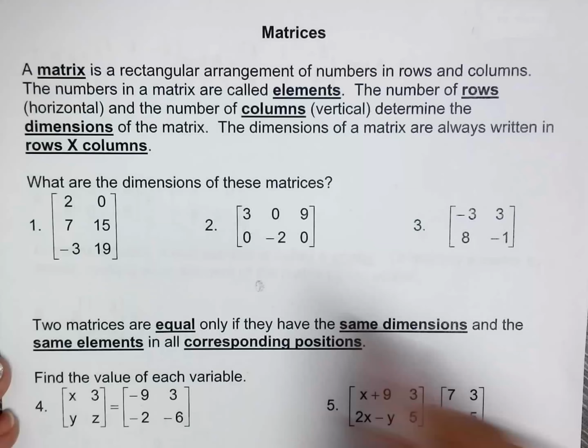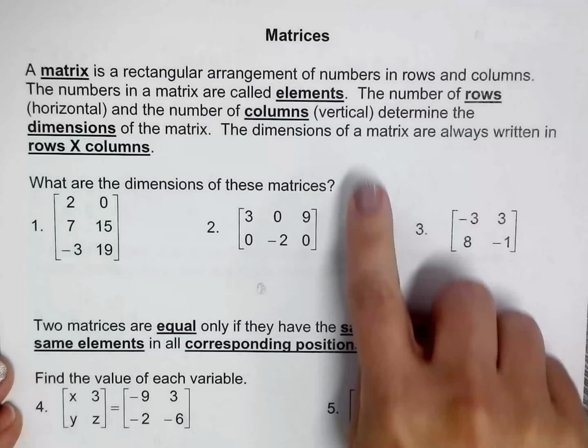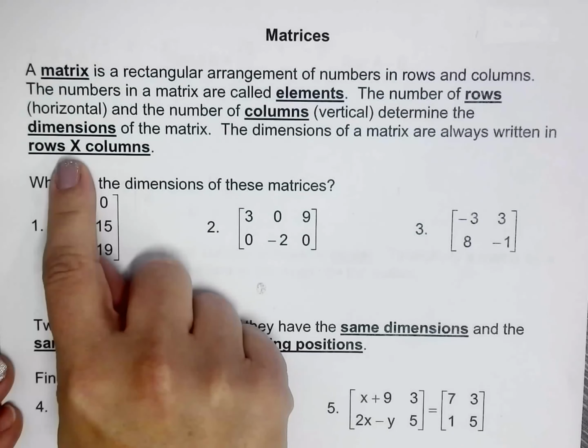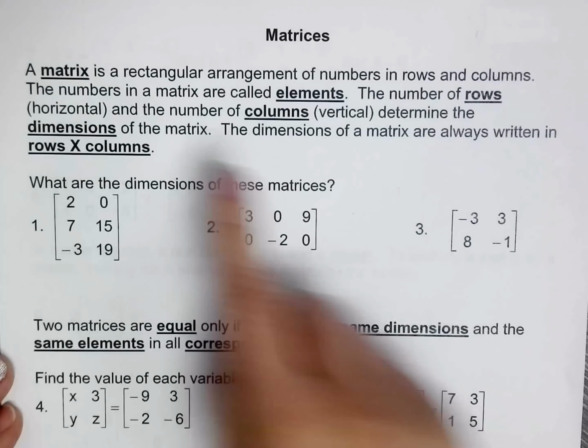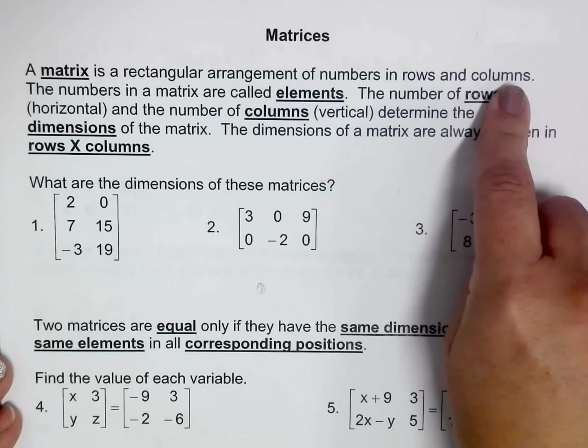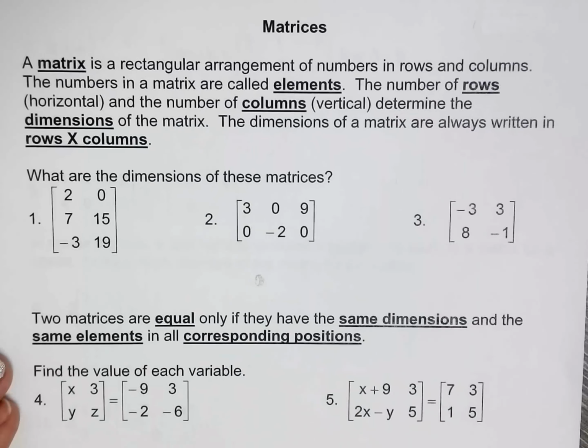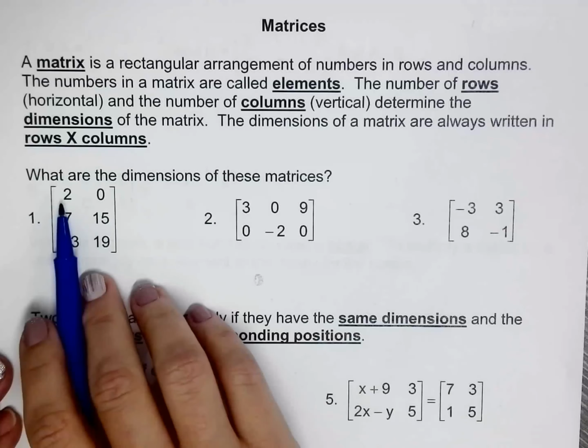Determine the dimensions of the matrix. The dimensions of a matrix are always written as rows and then columns. That's why I said the order matters. So what are the dimensions of these three matrices? How many rows do we have here?